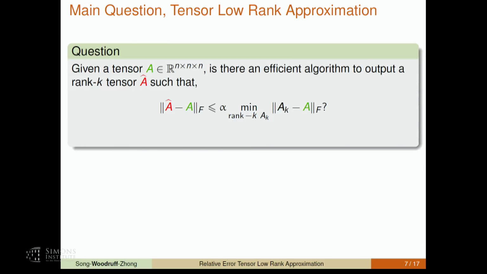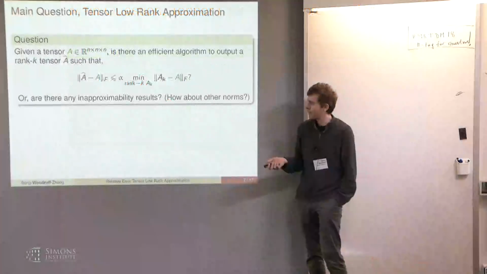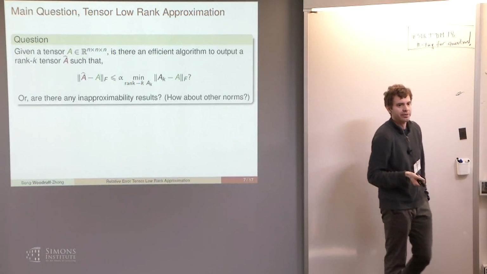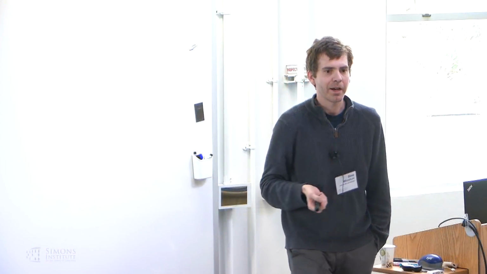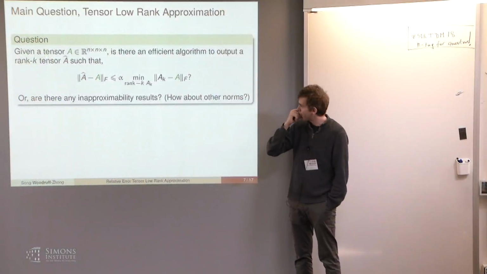So the Frobenius norm of A hat minus A is at most some approximation factor alpha times the best possible cost under any rank k tensor. Or are there any inapproximability results? And what about all these other norms that we looked at for matrices? Okay, problem is clear.